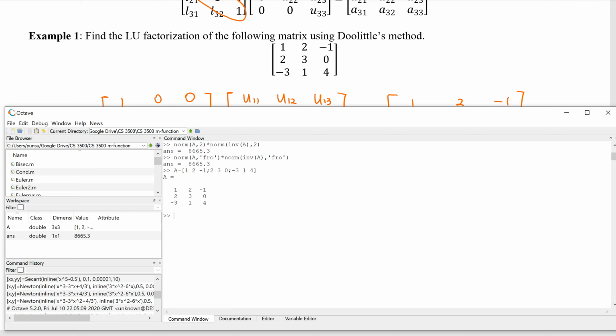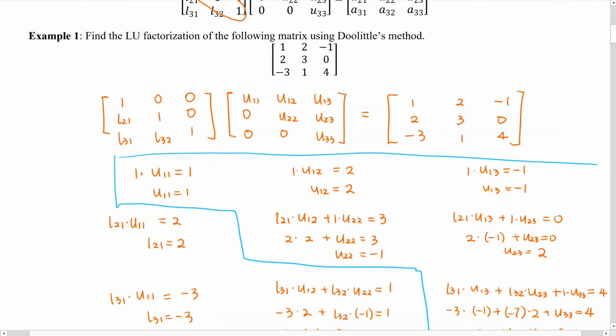Okay, so the syntax is brackets L, comma, U equals LU Doolittle of A. Oops. Okay, see our L and U. Let's check our work.